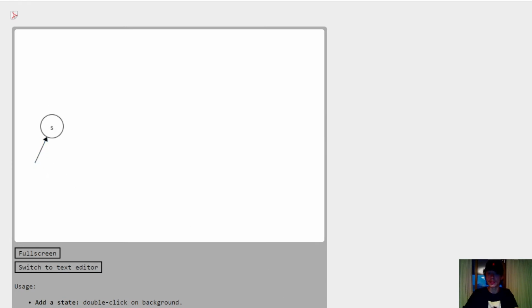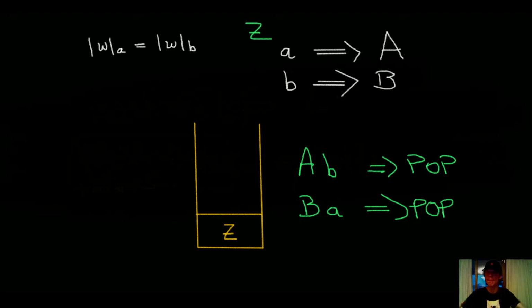And remember, since we have explained before that the empty word belongs to this language, our PDA must accept this word. So this is basically saying that the initial state must also be an ending state, or an accepting state.